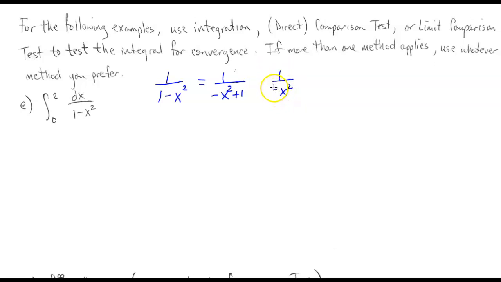Because negative x squared is smaller than negative x squared plus 1, if we compare the two denominators, and the numerators are the same, then 1 over negative x squared is going to be larger than 1 over negative x squared plus 1.